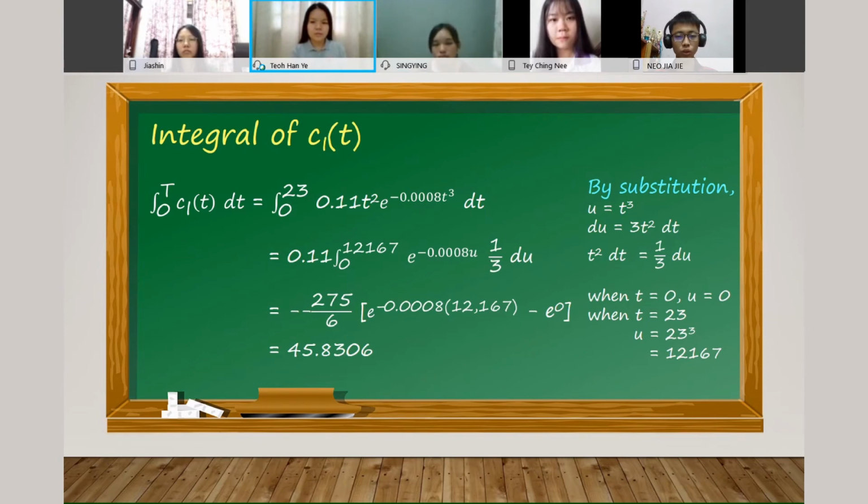Here, we also change the upper boundary of the integral. Since t equals 23, we get u to be 23 cubed, which is equal to 12,167. Then we proceed with the calculation, and we will have the answer 45.8306.